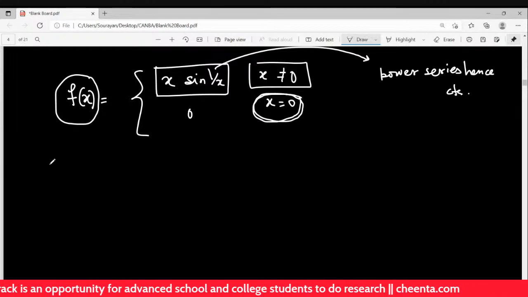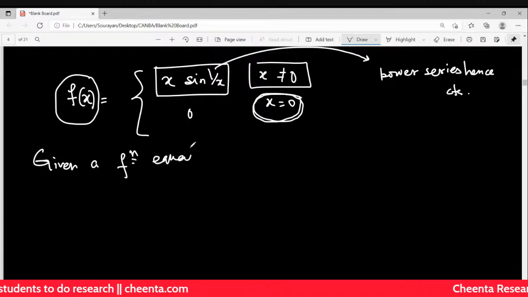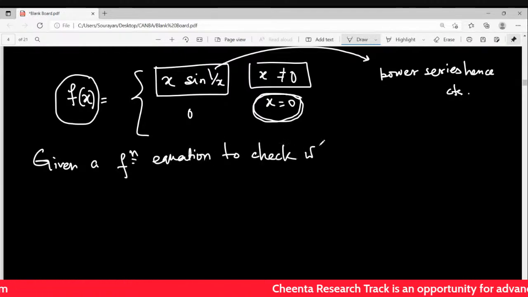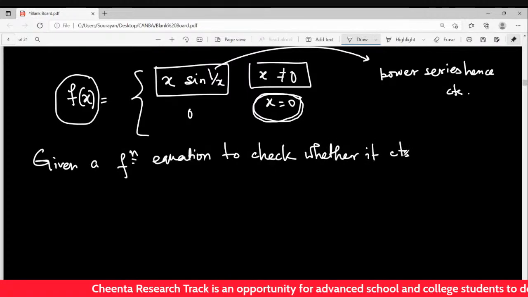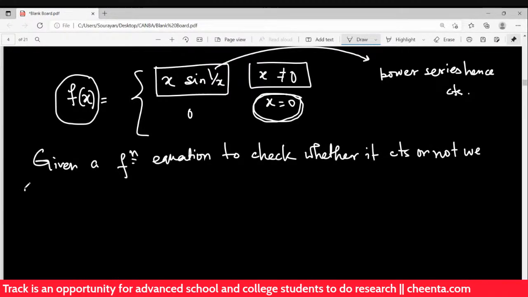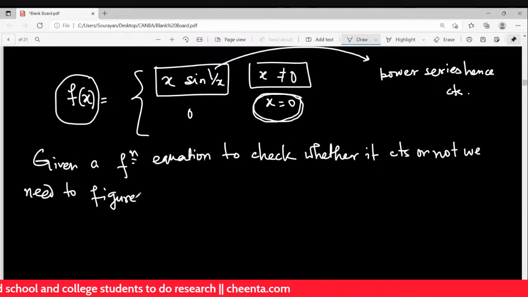So whenever given a functional equation, to check whether it is continuous or not, we need to figure out the problem points.